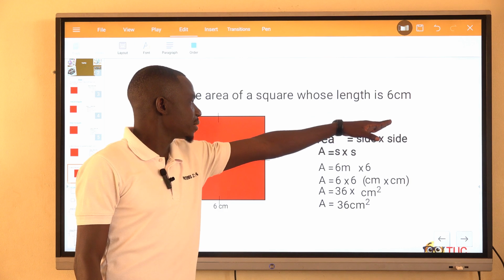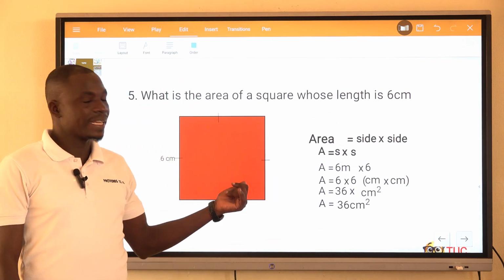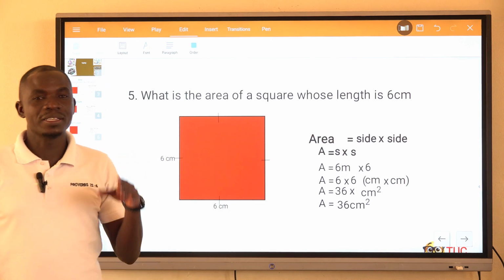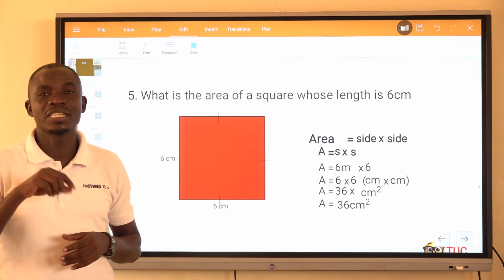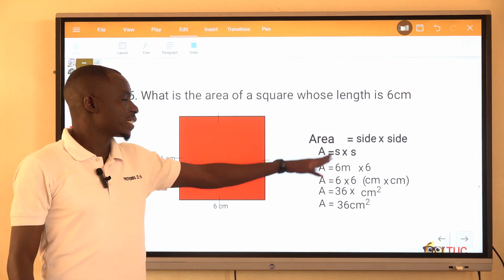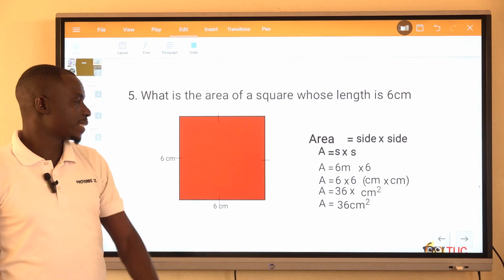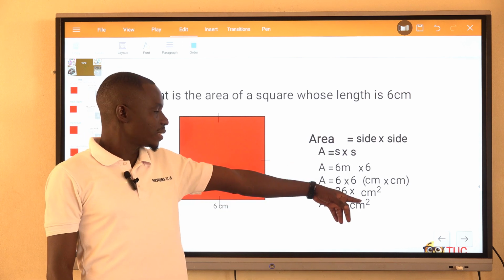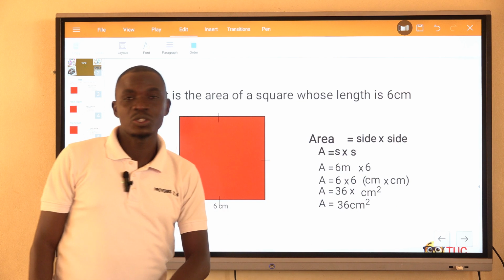They have given us 6 centimeters. Therefore, we multiply 6 centimeters times 6. What is 6 times 6? Most of you, when doing 6 times 6, you do 6 plus 6, which gives you a wrong answer. Multiplying 6 by 6 is the same as repeatedly adding 6, six times, giving us 36 centimeters squared.